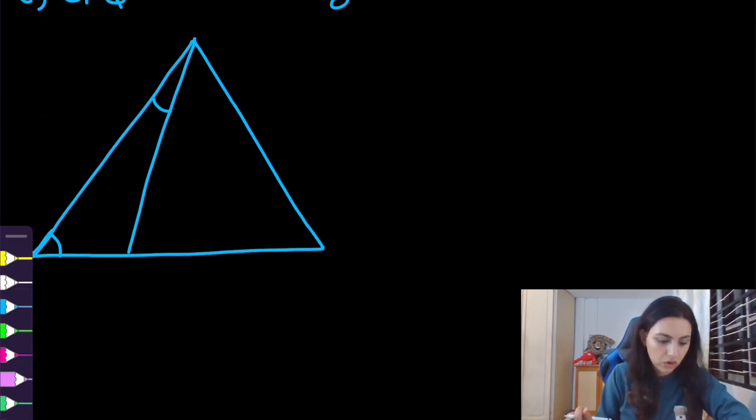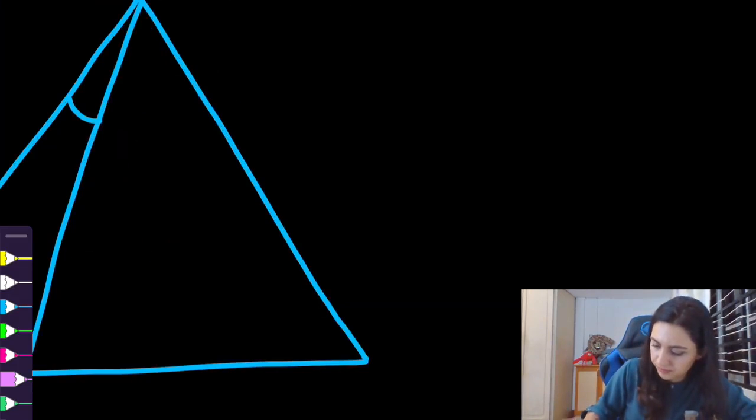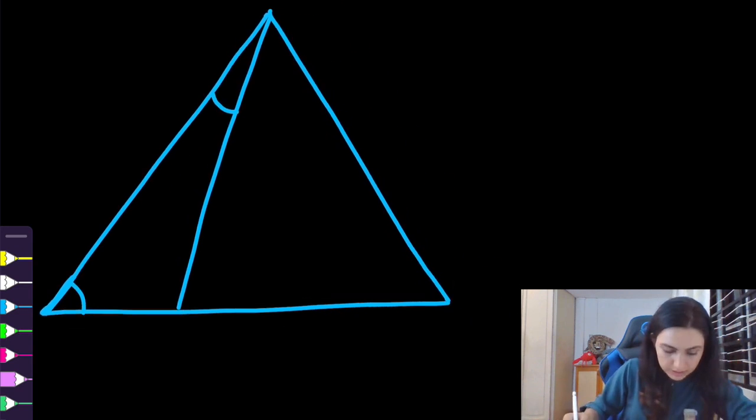Number C, OPQ is a line segment. Let's label what we have. This is 12 degrees. This side, this side, this side are equal.